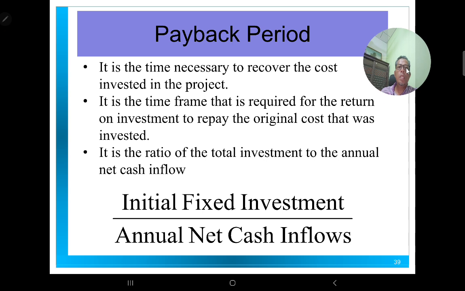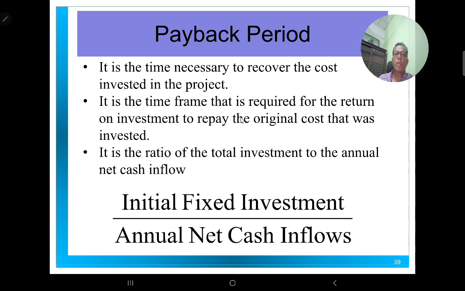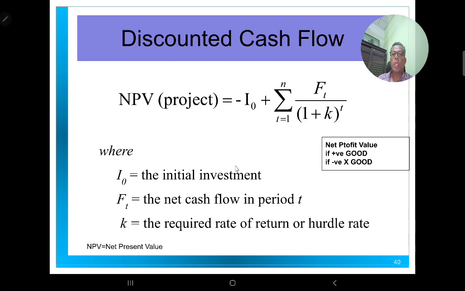So basically, the payback period is the time frame required for the return on investment, or ROI, to repay the original cost that was invested. It is based on the ratio of the total investment to the annual net cash inflow. So it's just the initial fixed investment divided by the annual net cash inflow. This is used to evaluate whether the project is worth being implemented.